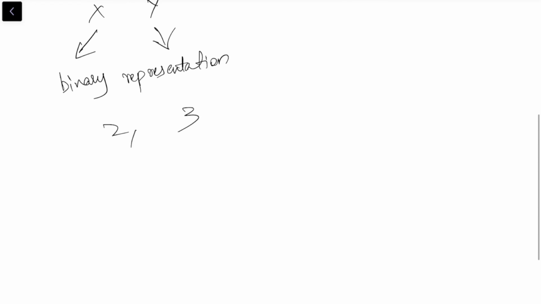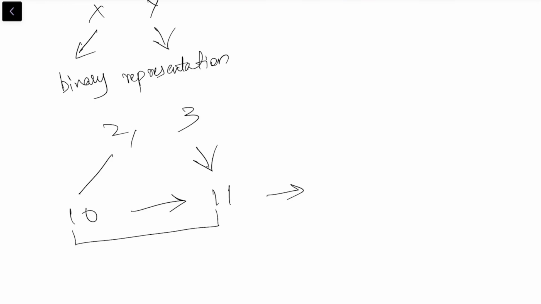Binary representation for 2 is 10. Binary representation for 3 is 11. If we do AND operation, 1 and 1 is 1, 0 and 1 is 0. So if we make it into decimal, it is 2.